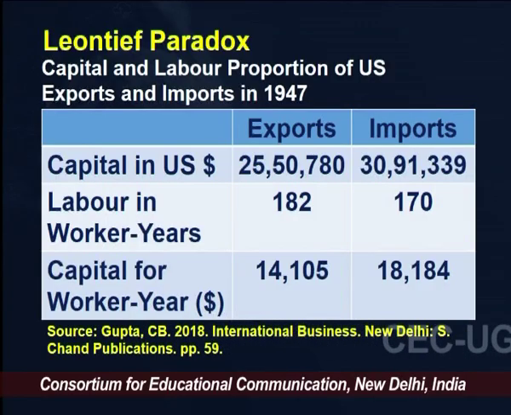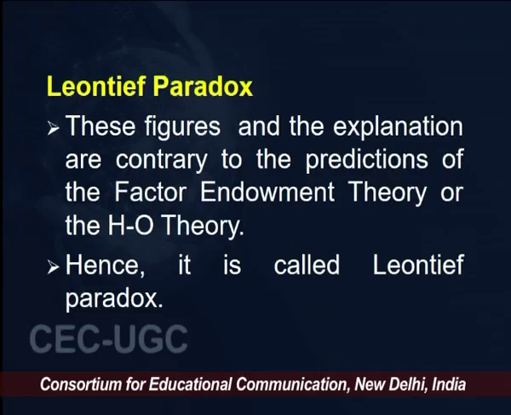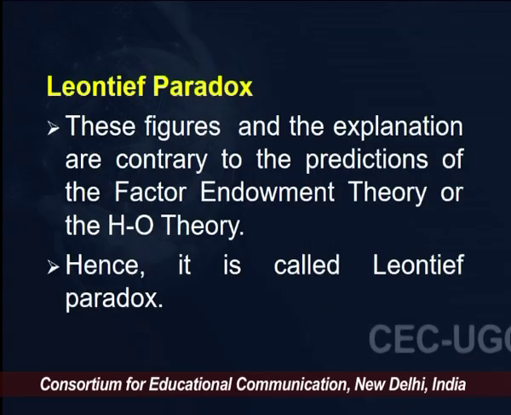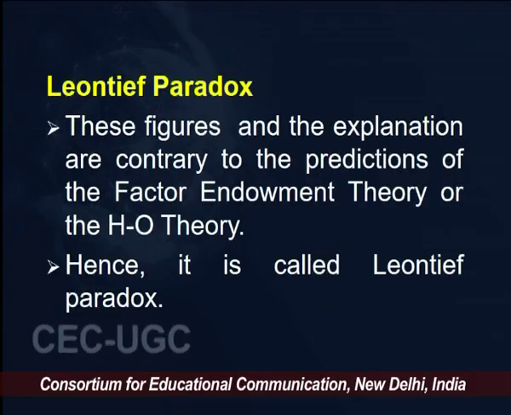And capital per worker year, in exports it is 14,105, but in imports it is much more, that is 18,184. So, it means that it was importing more capital intensive products and exporting more labor intensive products. So, these figures and the explanation are contrary to the predictions of the factor endowment theory or the HO theory, and as we have said, it is called the Leontief paradox.